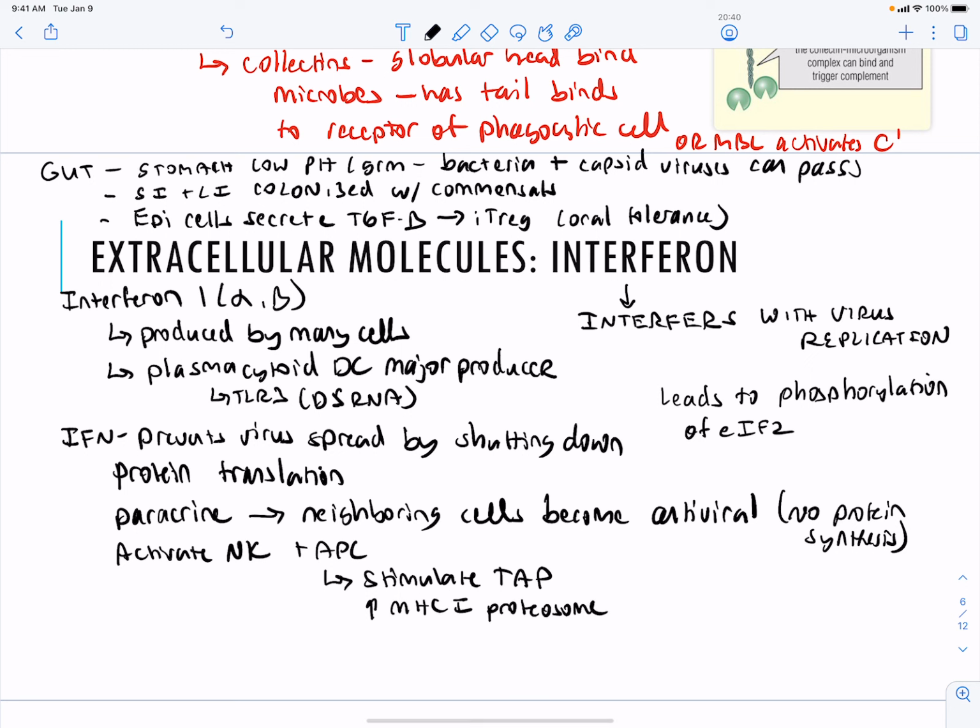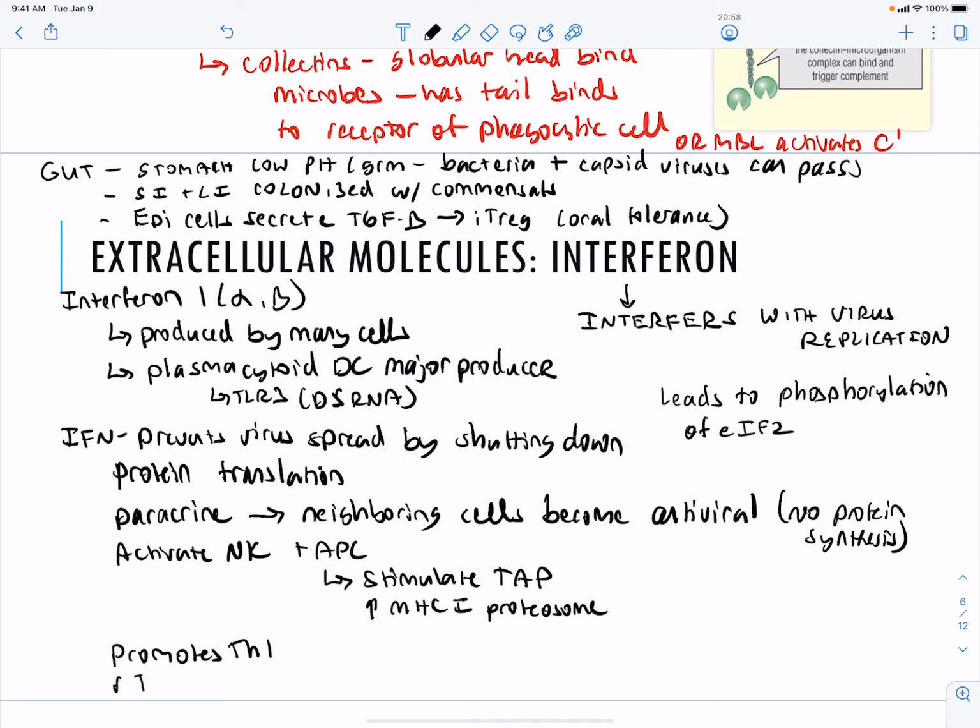That's the proteasome that makes sure the peptides are the length required to load on MHC1. It also promotes a Th1, because remember these are intracellular pathogens, and so you want a Th1.